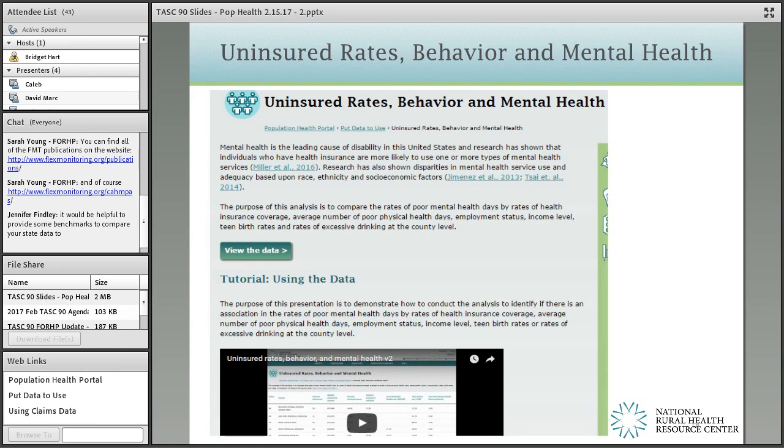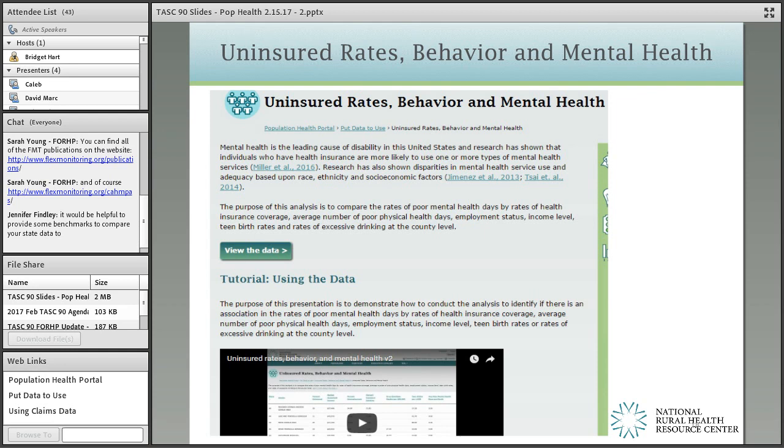And mental health being a leading cause of disability in the United States, and looking at those who have insurance are more likely to use types of mental health services, and thereby trying to prevent suicide and poor mental health days. Also looking at disparities in the socioeconomic factors. We brought together information from county health rankings.